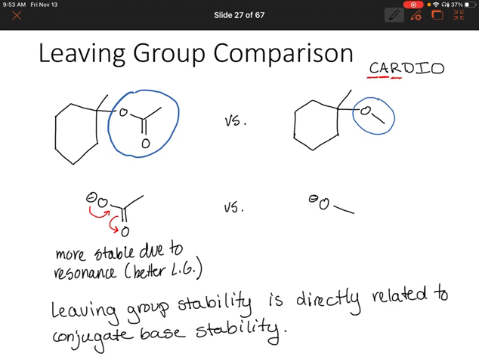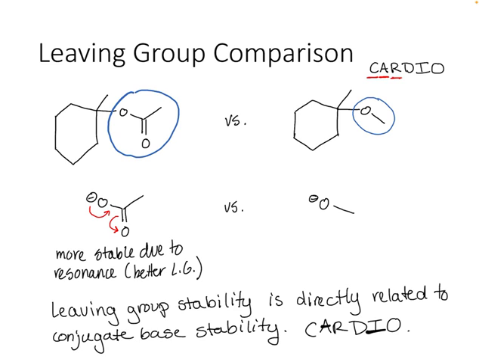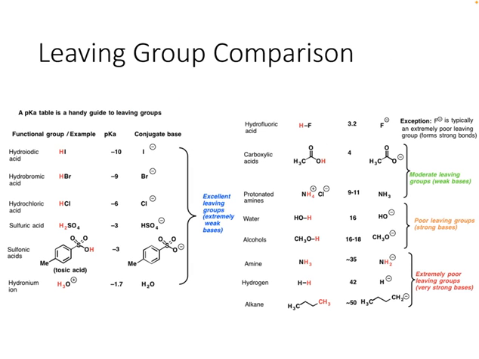So we can just follow those cardio rules when we're trying to determine which leaving group is more stable. Now, luckily, there is a super handy table showing the stabilities of different leaving groups. And I recommend making some flashcards on these groups.